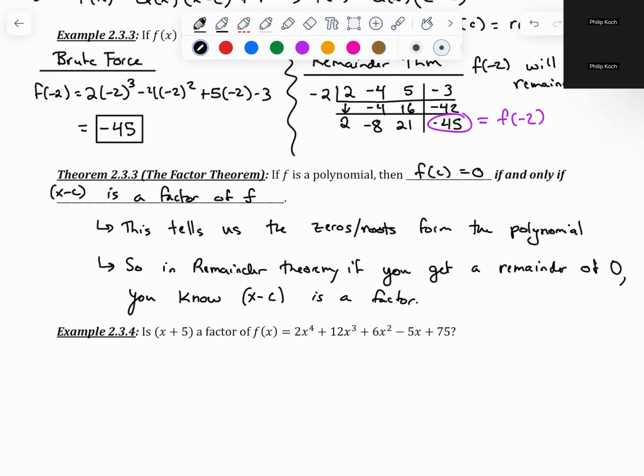If you know that you get a remainder of 0, that's f of c. And f of c equaling 0 means that x minus c is a factor. It's kind of circular a little bit, absolutely. But let's see it in action.